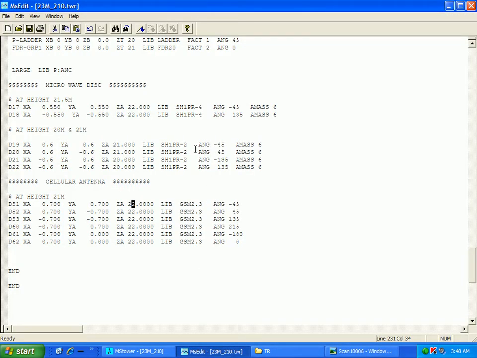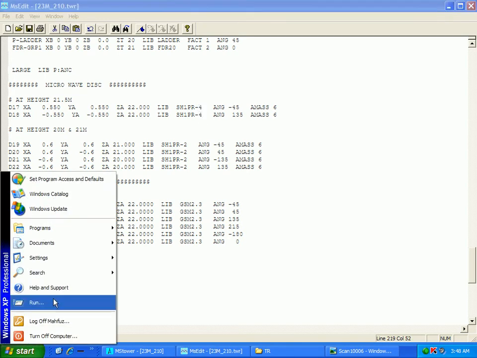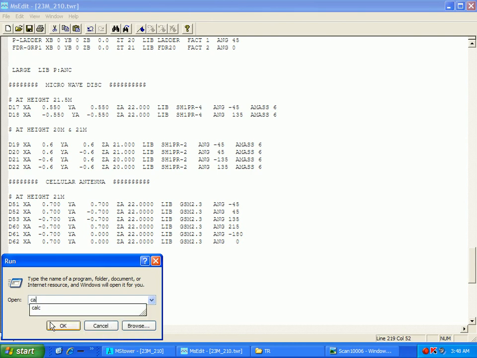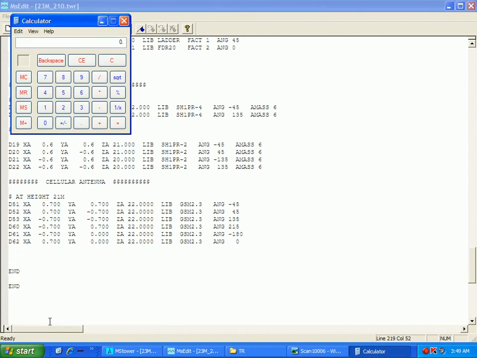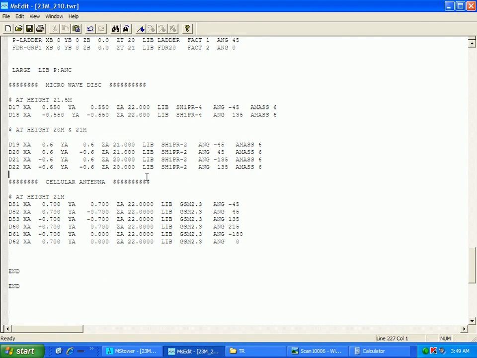So 1.2 dish are actually 4 feet diameter dish. Four divided by 3.28 is 1.2. So standard high performance dish, and we have given a position of the dish where it will be attached.